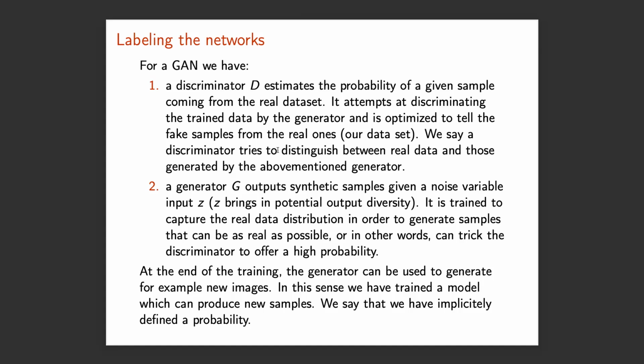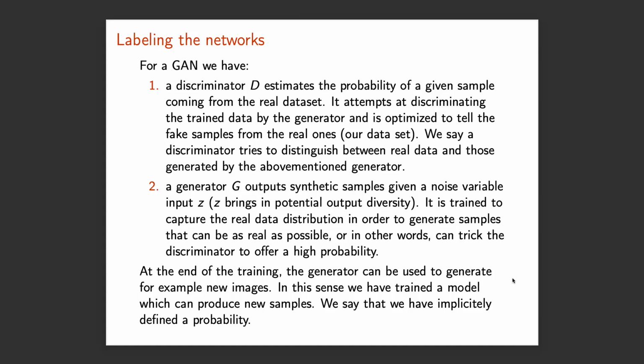And then you say that the discriminator tries to distinguish between real data and those generated by the generator. And the generator outputs synthetic samples given a noise variable input. And this is trained to capture real data distributions in order to generate samples that can be as real as possible, or in other words, can trick the discriminator to offer a high probability.